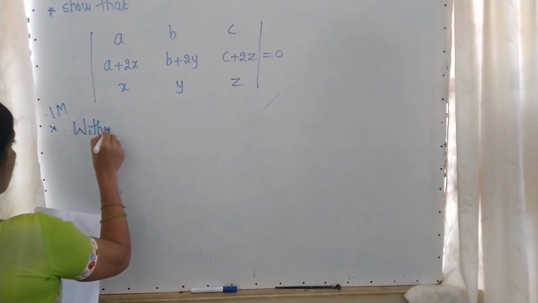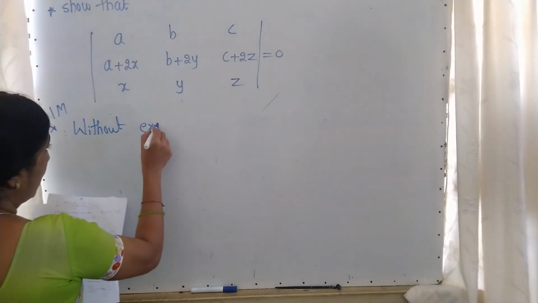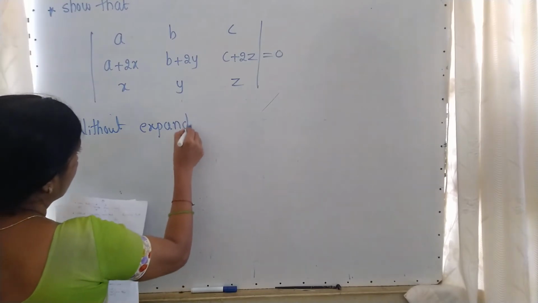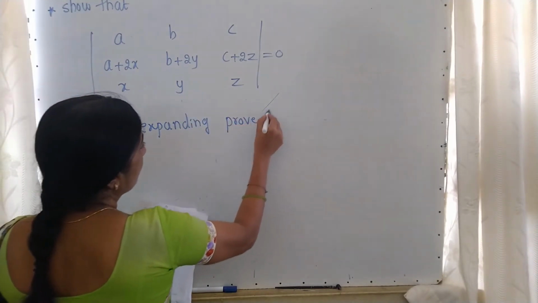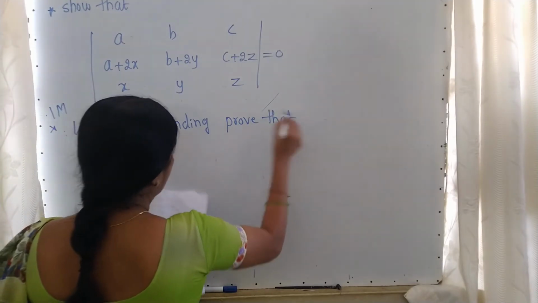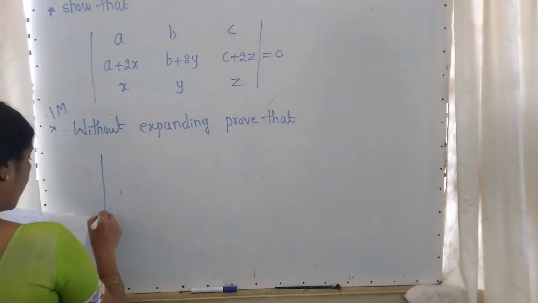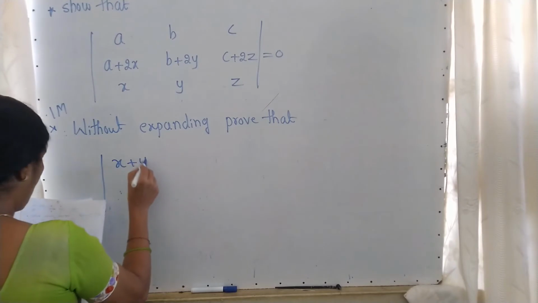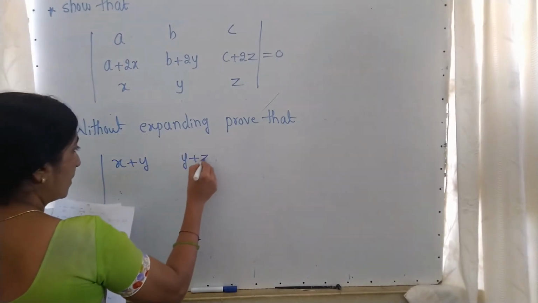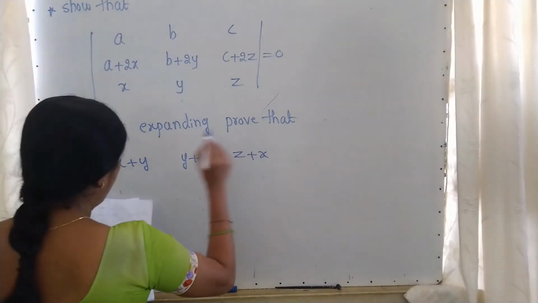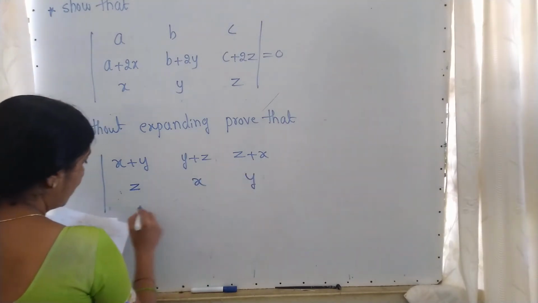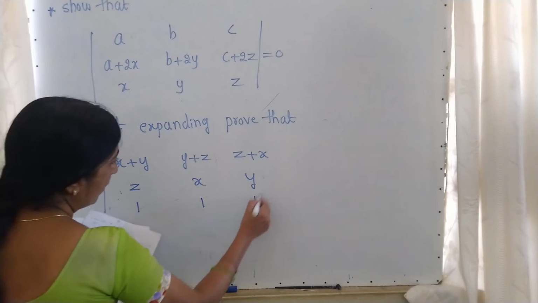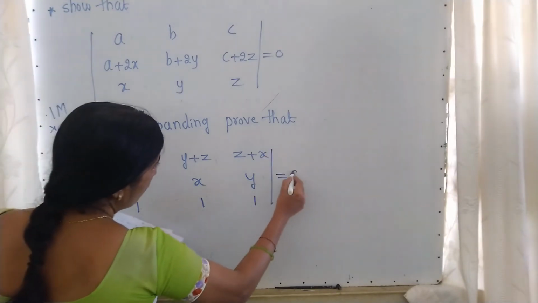Next question for 1 mark. Without expanding, prove that the determinant with rows x plus y, y plus z, z plus x; z, x, y; 1, 1, 1 is equal to 0.